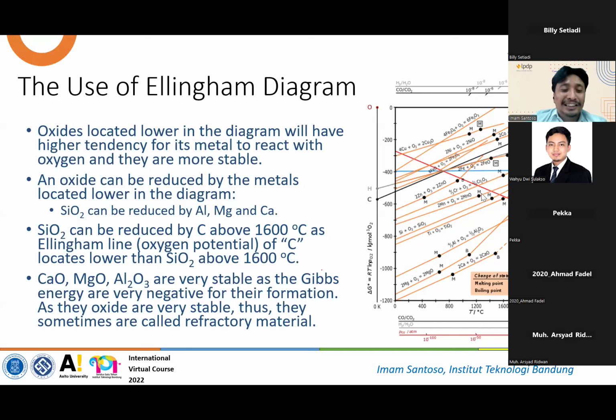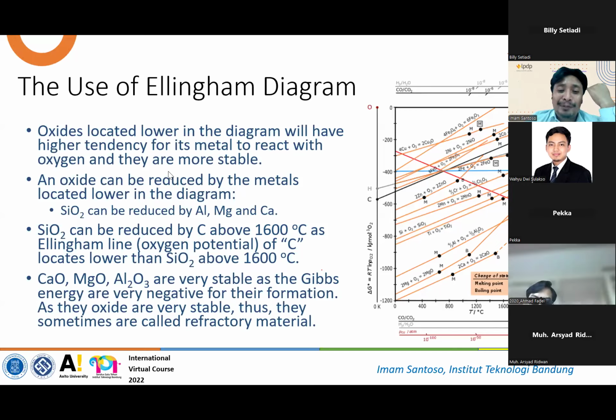Of course, carbon. The rule is the reductant has to be located below the oxide. You can see here the Ellingham line of carbon. It is below aluminium above 1700.